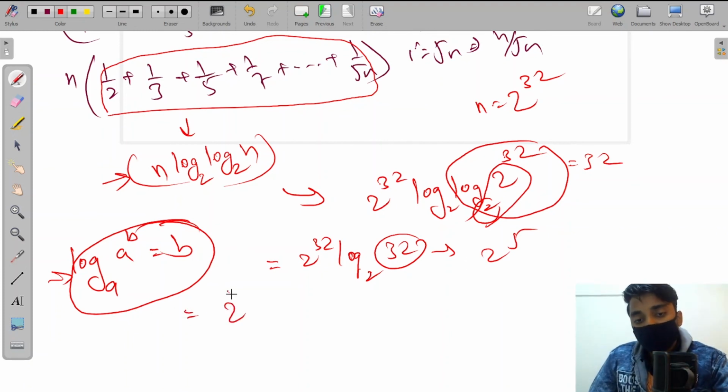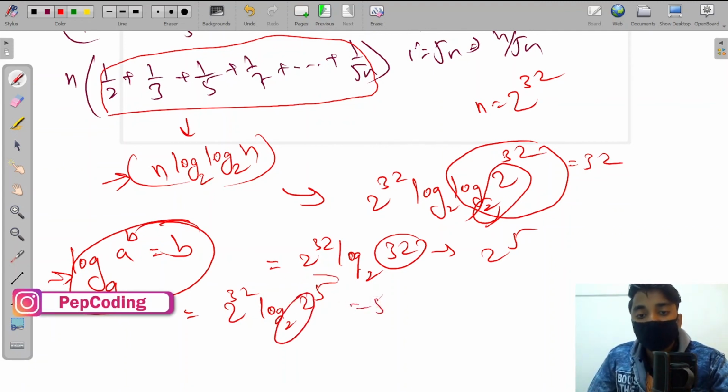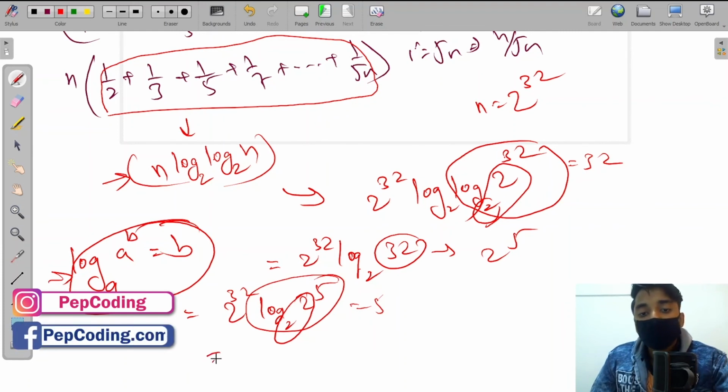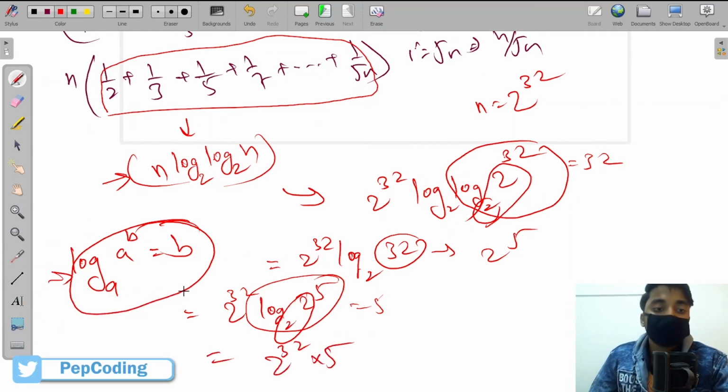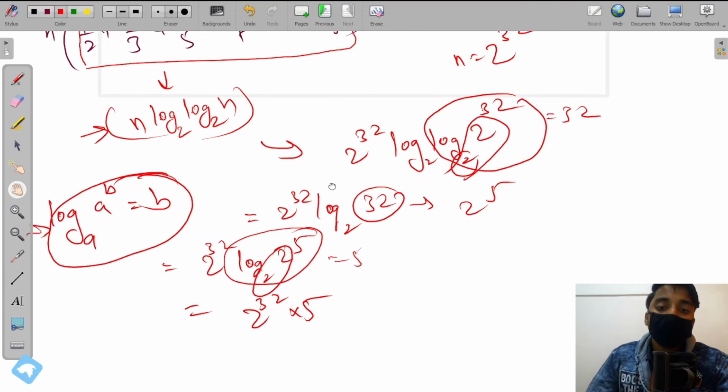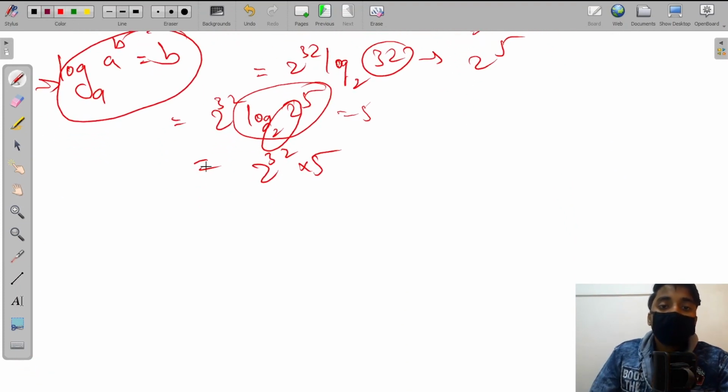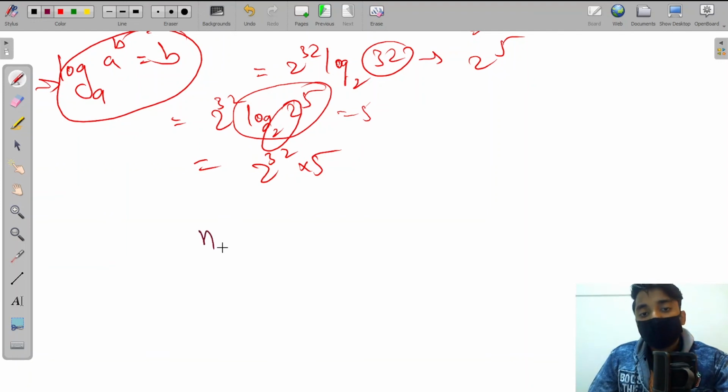So this means it will be 2 raised to the power 32 times log base 2 of 2 raised to the power 5. Again the base and this value are the same, so it will be equal to 5. This means it will be 2 raised to the power 32 into 5, where 2 raised to the power 32 is n, so it will be n into 5.